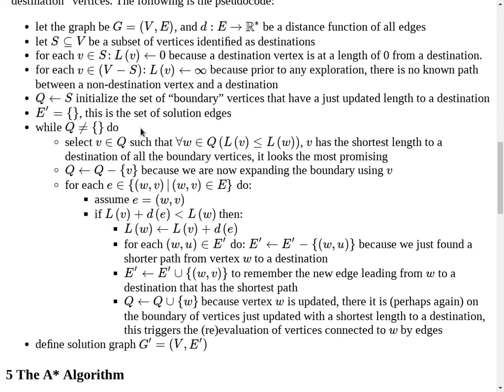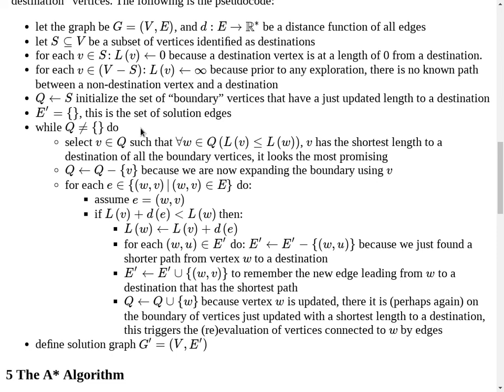But what is the meaning of this comparison? L of V is the length of the shortest path to vertex V at this point. L of W is similar. It's the length of the shortest path to W at this point. We know E connects W to V with a distance of D. Is that okay?